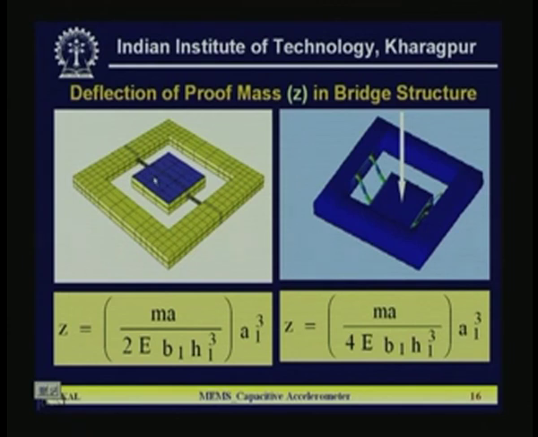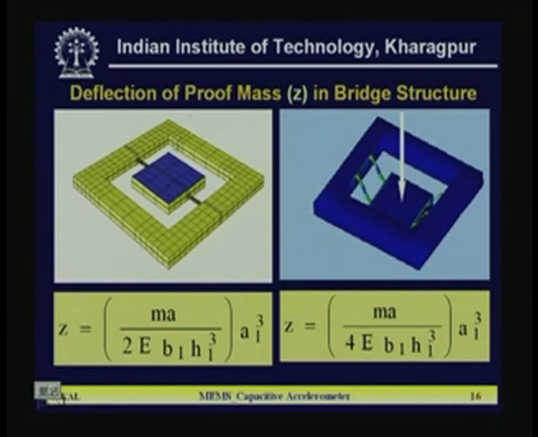Similarly, here also, and it has been observed by analytical calculation or finite element analysis that if you make the flexure at the middle of the cross section of the seismic mass, it gives a better response compared to a flexure fabricated at the flat top surface.